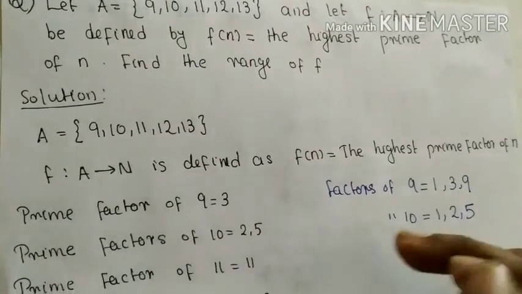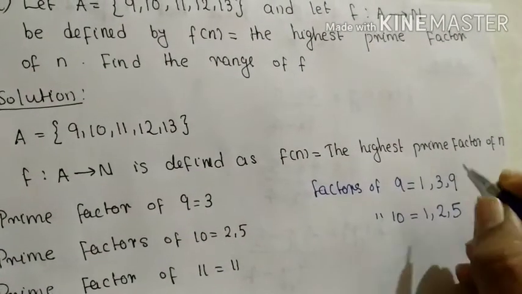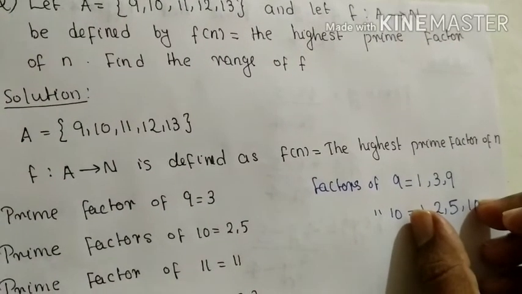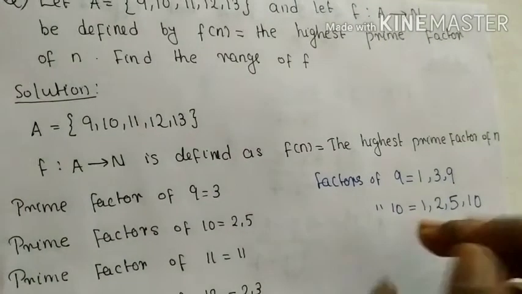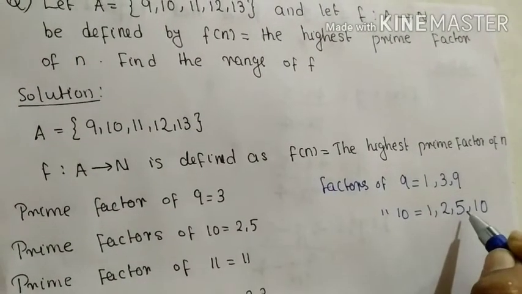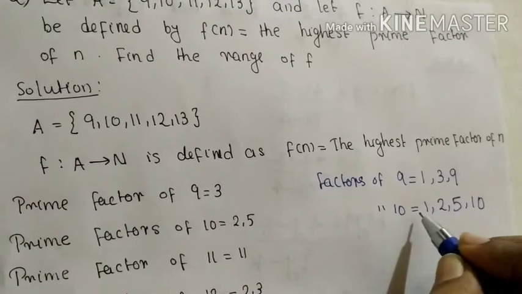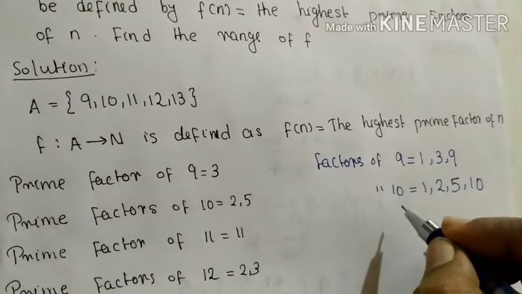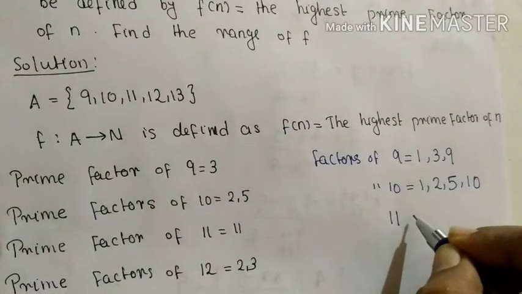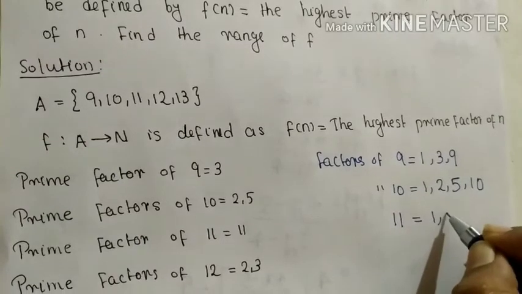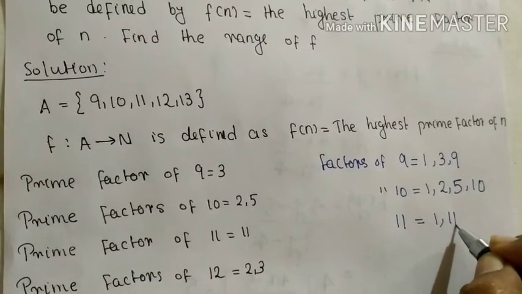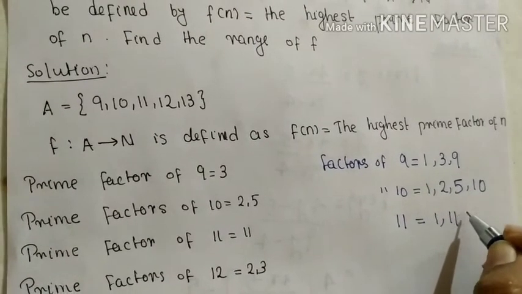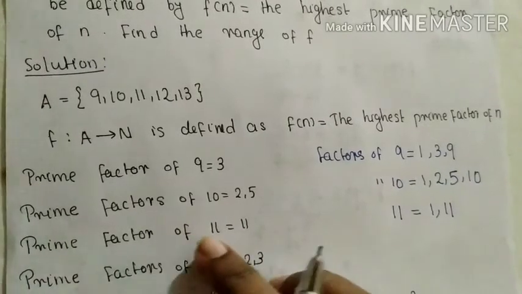Next, the factors of 10 are 1, 2, 5 and 10, and from this the prime factors of 10 are 2 and 5. So I write 2 and 5 here. Next, the factors of 11 are 1 and 11, so the prime factor of 11 is 11.